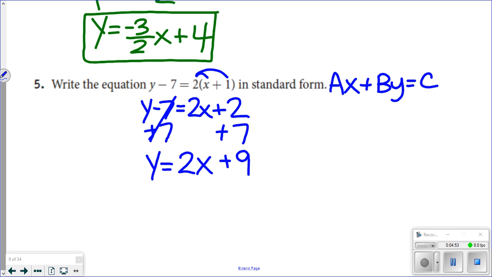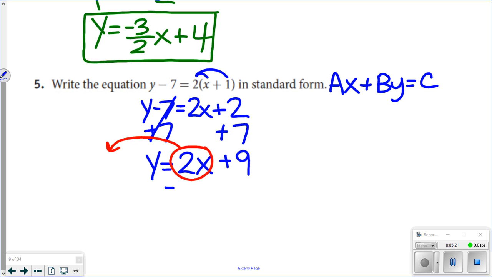Currently, this is slope-intercept form, but that's not standard form, so I'm not done yet. Standard form says that my x and my y are together on the same side away from my constant term. So I need to take this 2x, move it over here out in front of the y. Everyone see that?